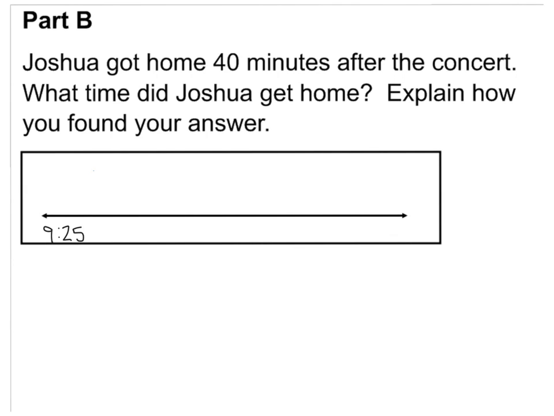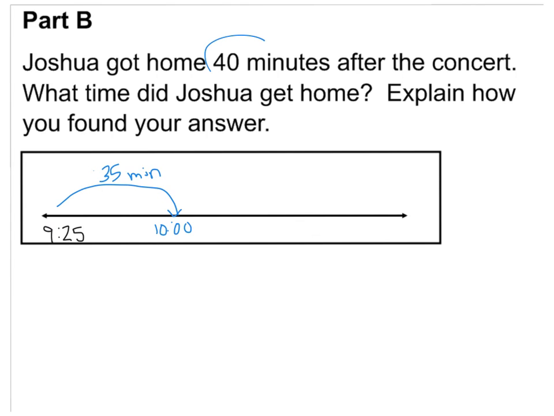Now you might do yours a little bit differently than I am, but we should get the same results. I want to go all the way to 10 o'clock because I know that's a good benchmark to go to. So when I do my math, I know from 9:25 to 10 o'clock p.m., that's going to be a total of 35 minutes.